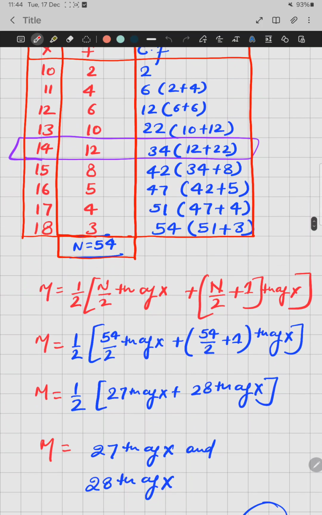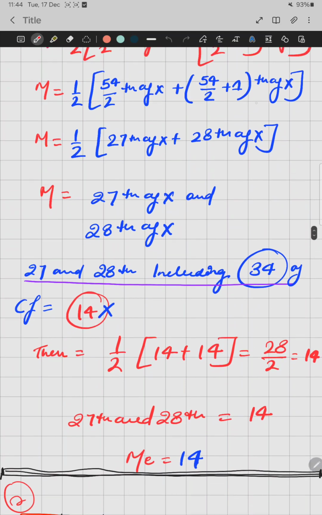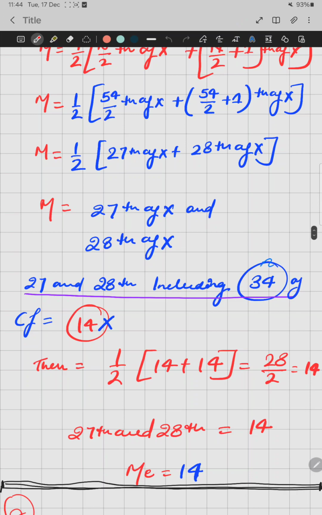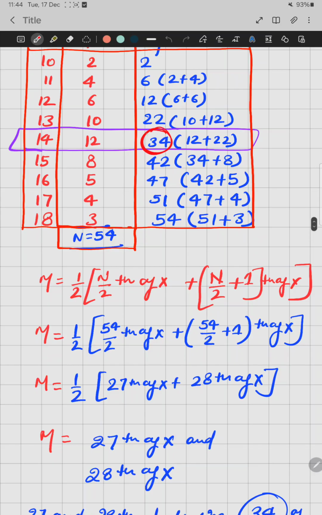Now 27 and 28 will fall into this 34 bracket, because this is higher than 22 and lower than 34. Now 27 and 28 will be in the 34th, right? In CF you will look at it.